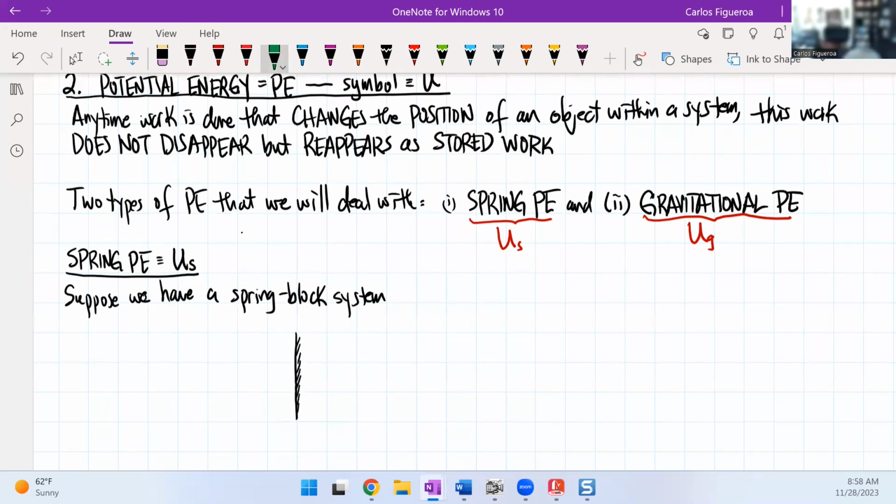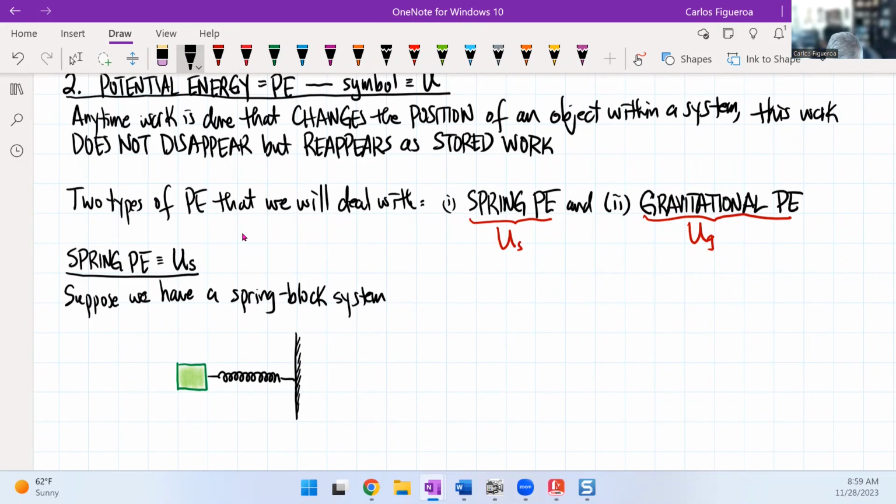So imagine that I have a block here, and I have a spring that's attached to the wall like this.